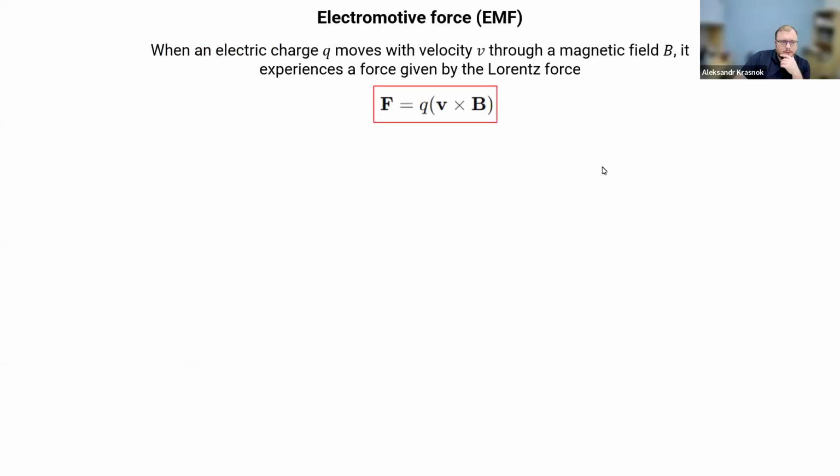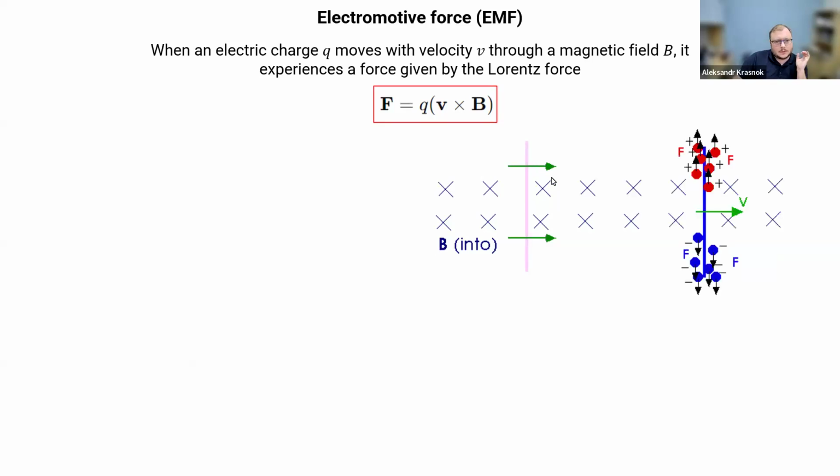We also discussed the concept of electromotive force. Even though electromotive force requires the change of magnetic field in time, we consider a wire which moves in the orthogonal magnetic field.